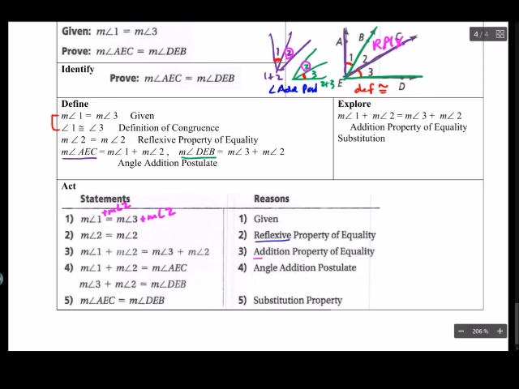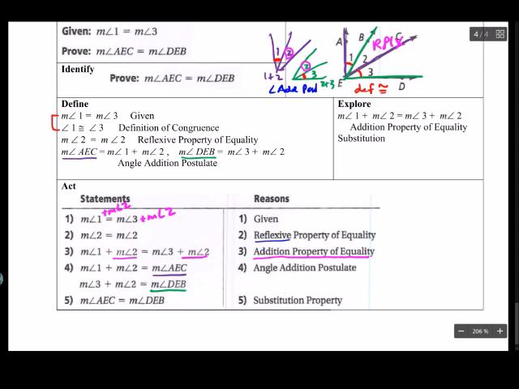This is just simply the addition property of equality. I took that top given and just added, it's like adding 3 to both sides of an equation. It doesn't change anything. And then I know that 1 plus 2 is my purple angle. 3 plus 2, there's my green angle.